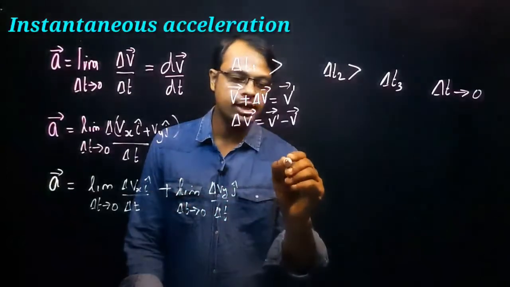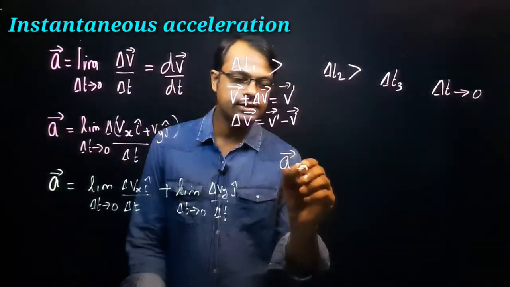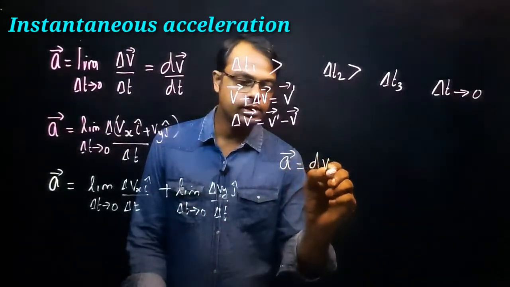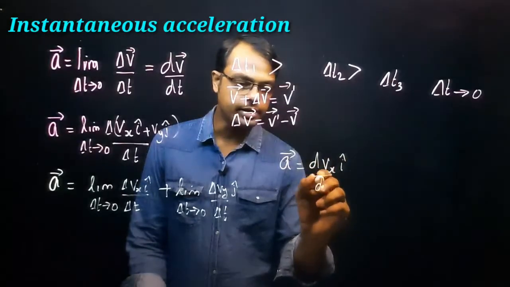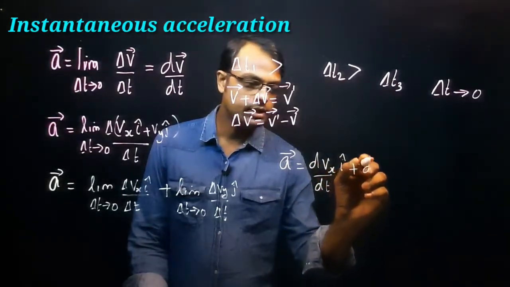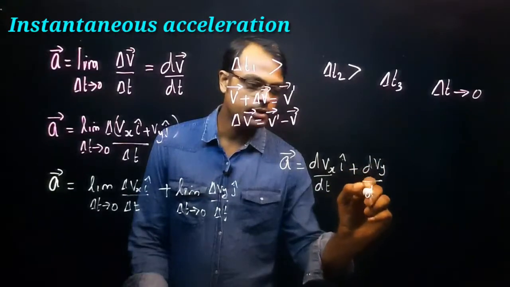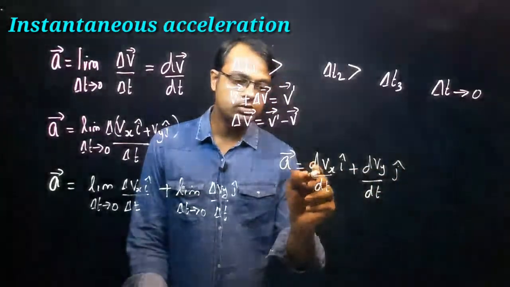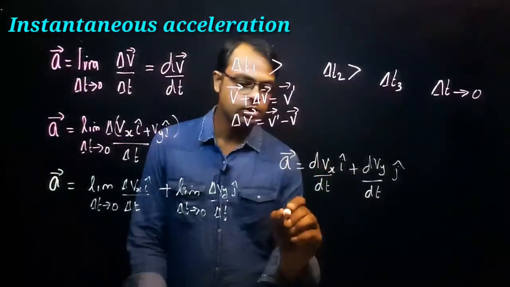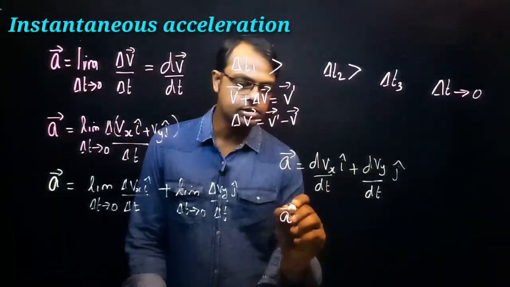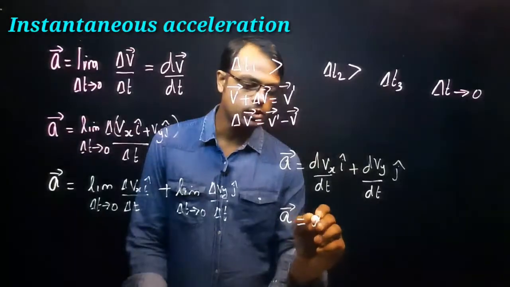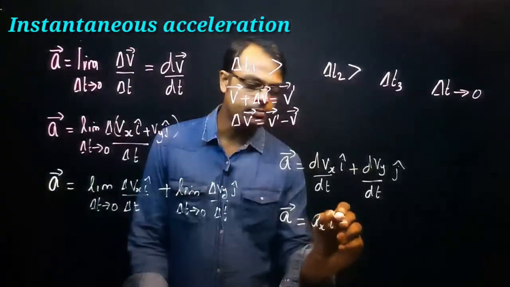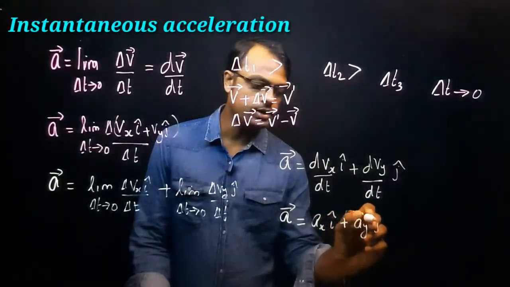This equation can be written as a vector is equal to dvx by dt i cap plus dvy by dt j cap. As you already know, change in velocity with time is acceleration. So the instantaneous acceleration a vector is equal to ax i cap plus ay j cap.